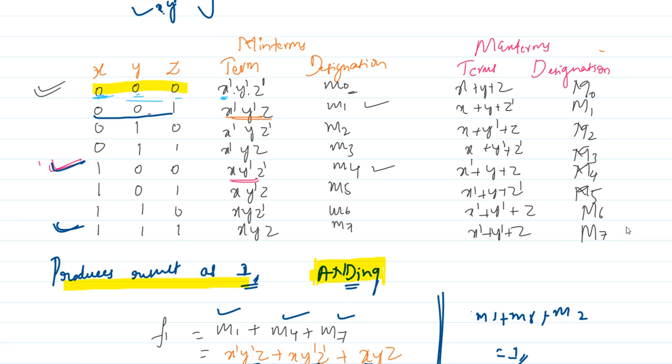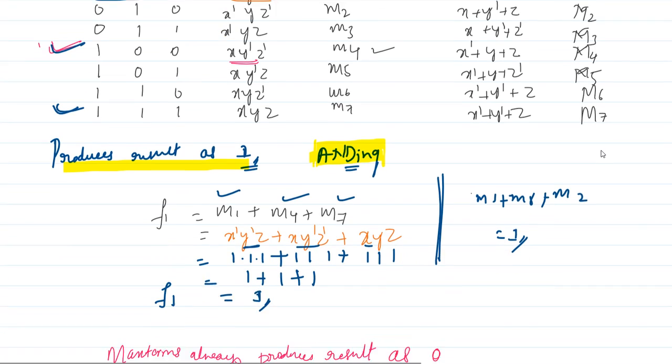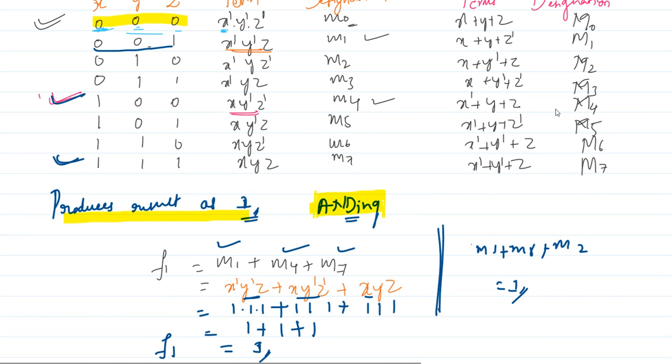Now you consider any of the max terms here, so I will write M3. What is M3? M3 is the combination 0 1 1. I will write the combination for M3 as 0 1 1.